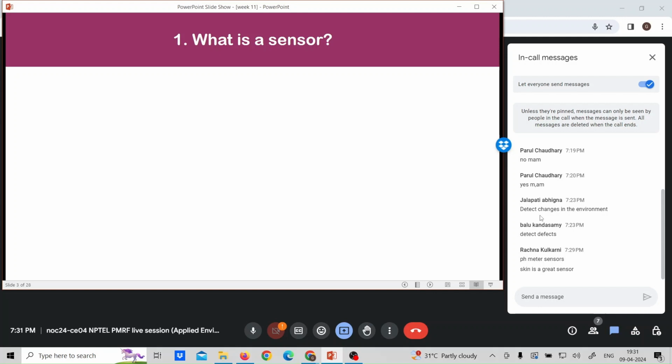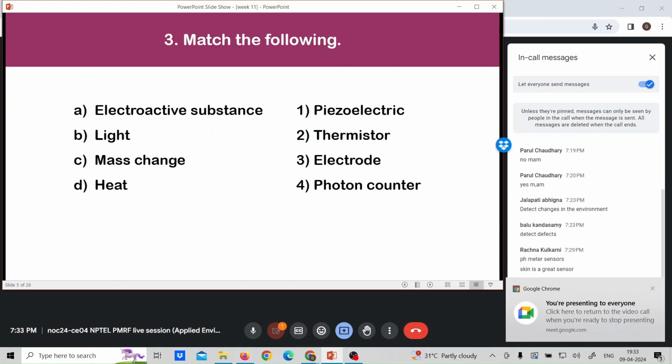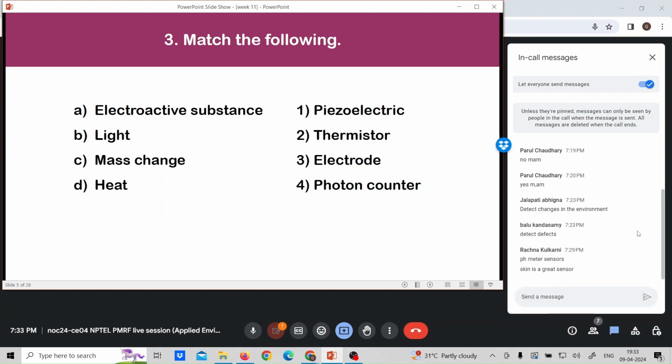If you have anything more to add, or if you want to ask anything, you can just put it in the chat box. We'll look into it. So with this little introduction about sensors, we have seen that biosensors use biochemical reactions to detect the target. You can try this question now.